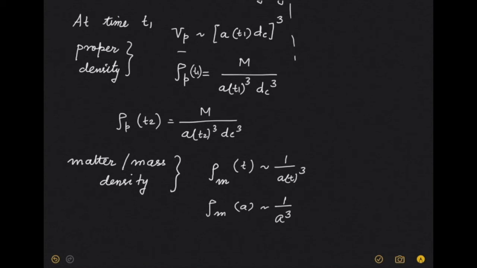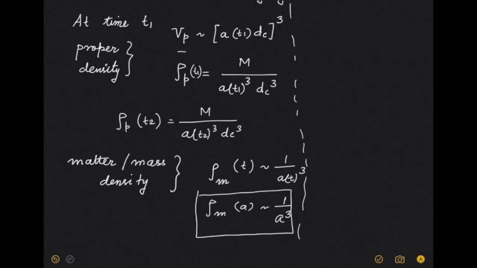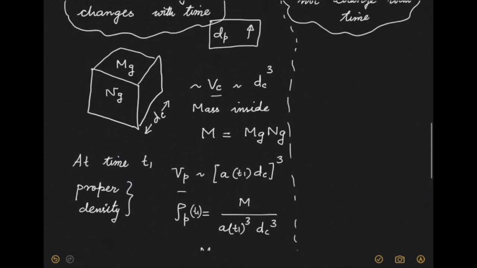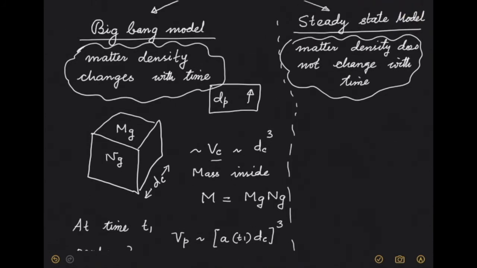It's just 1 by a cubed. So that's what I mean by the fact that in the Big Bang model of the expanding universe, the density changes with time. That's how we defined the Big Bang model, where the matter density changes with time.